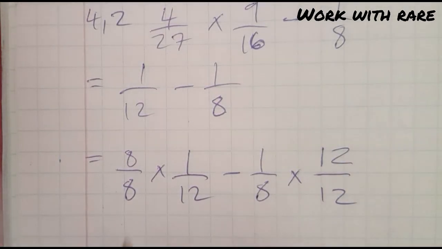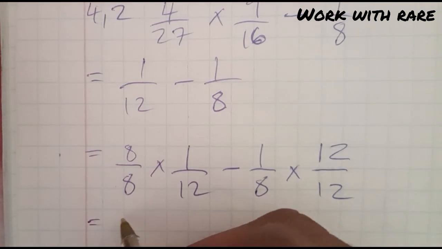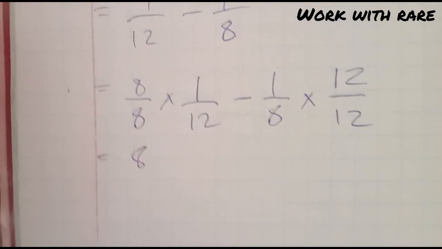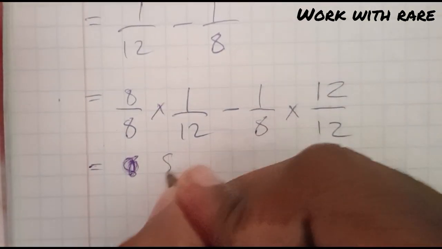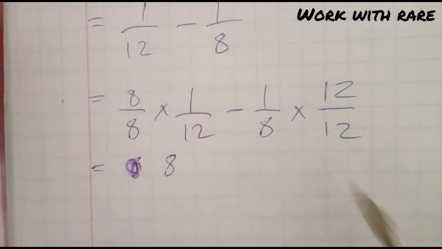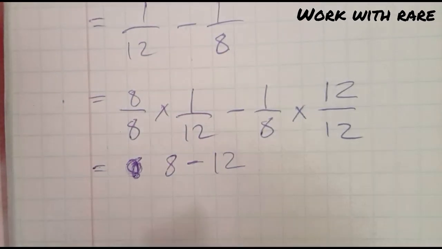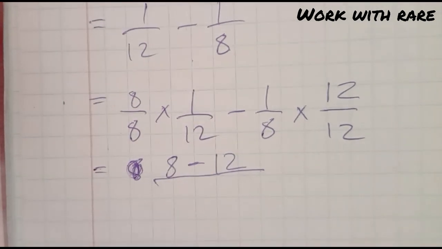So here it will be 8 multiplied by 1. 8 multiplied by 1, it's 8. Okay, so it's 8. 1 multiplied by 12 is 12. So remember here it's subtraction, so it's 12. Divide by, so here we'll have the same denominator.